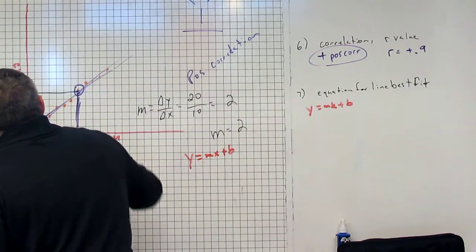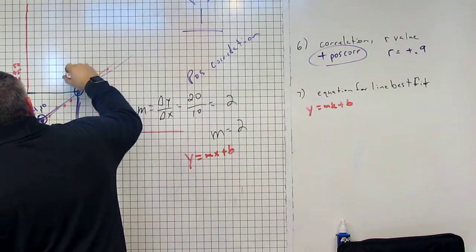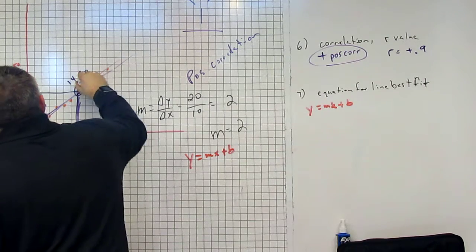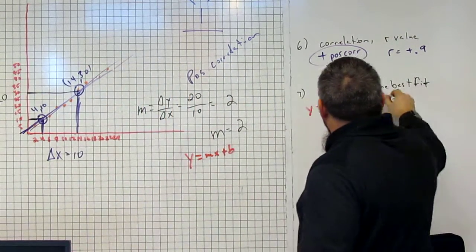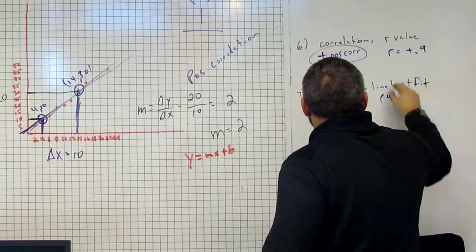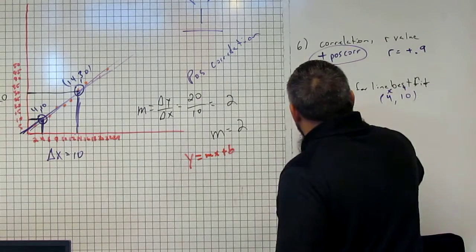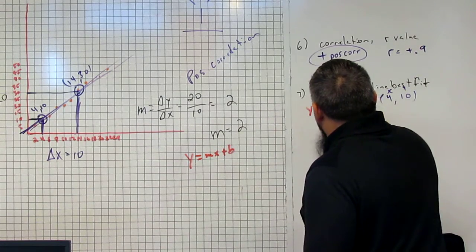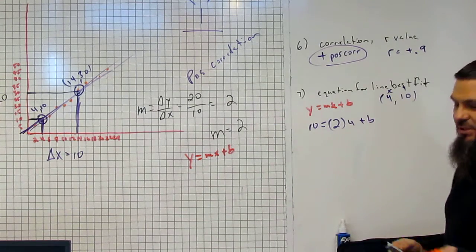Which one do you want to take? 4 and 10, and this one's 14 and 30. 4 and 10, yeah, because they're smaller numbers, right? So 4 and 10, that's x and y, right? So m is 2, x is 4, b is b, and y is 10. So what is 4 times 2?